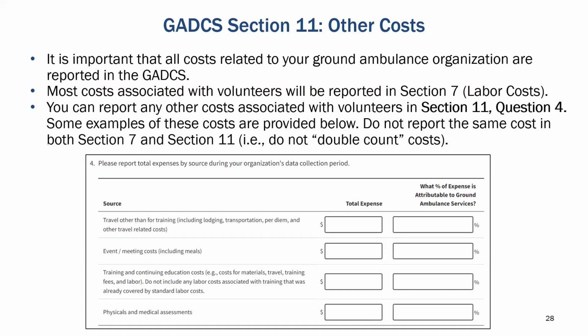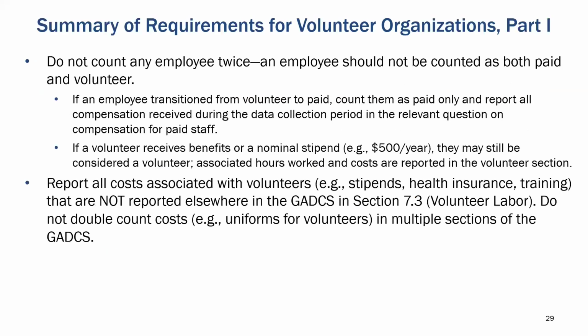However, if you hired an outside organization or paid for volunteers to go to a training class, those costs should be reported here. Similarly, costs related to conducting physicals or medical assessments can be listed here if those costs weren't already accounted for in the labor section.